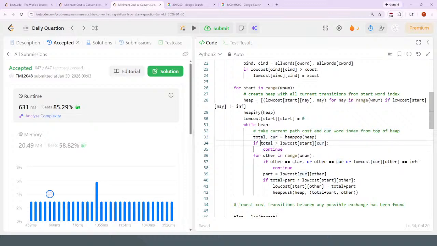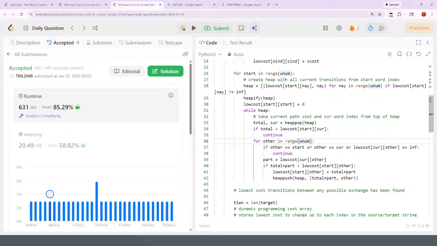And then I don't know if this is necessary either, but for every other thing, other being all the other possible words in the word space, and here it's just by indices, ignore if it's the current or the starting index. But if there is something that connects from the current index to this other index, basically there's a transition there, and if it's infinity, then there's no transition, so skip it.